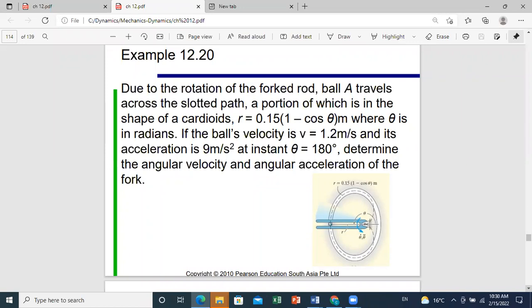If the ball's velocity is 1.2 meters per second and its acceleration is 9 meters per second square at the instant theta equals 180 degrees, determine the angular velocity and angular acceleration of the fork.